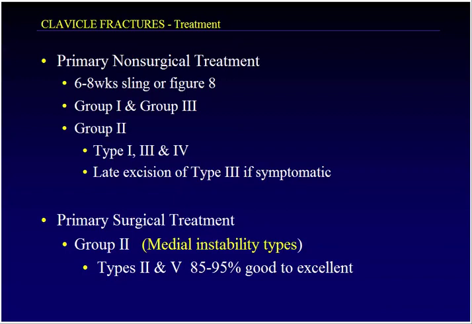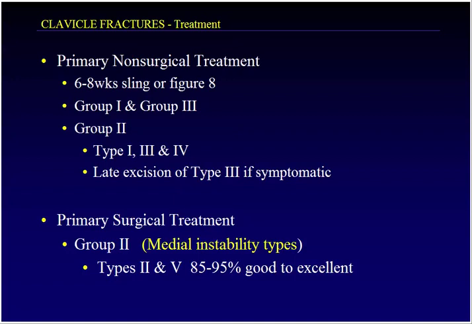Now the group 1 and 3 fractures, and again these are the group 1 and 3 fractures referring to the type 2 distal clavicle fractures. Those patients do very well with non-operative treatment. Group 1 and group 3 are your medial clavicle fractures and your mid-shaft clavicle fractures.